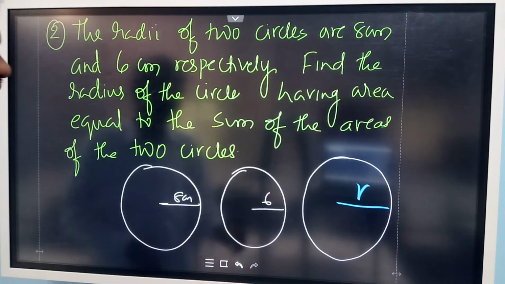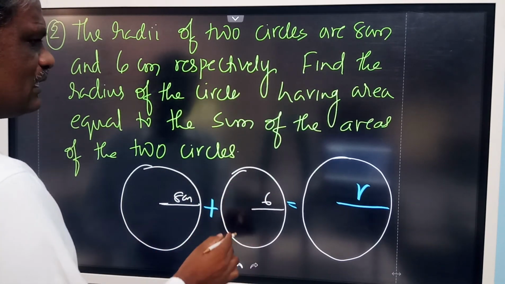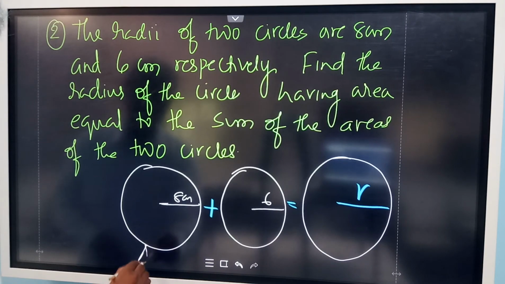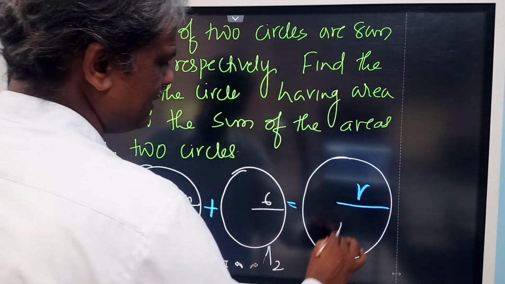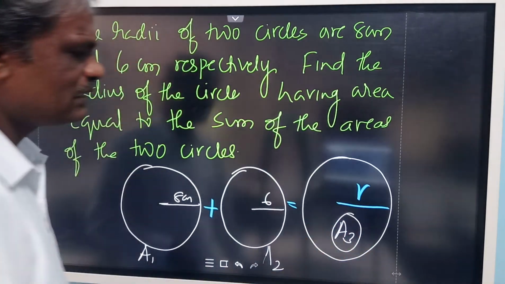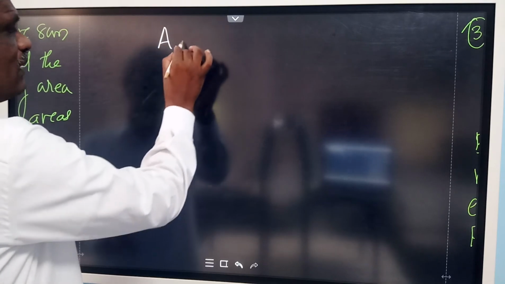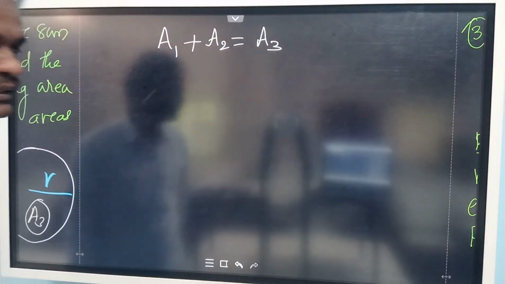What is the condition they have given? The area of this circle plus the area of this circle is the same as the area of the third circle. Call them A1, A2 and A3. What is the relation you can write? Area of circle 1 plus area of circle 2 is equal to area of circle 3.